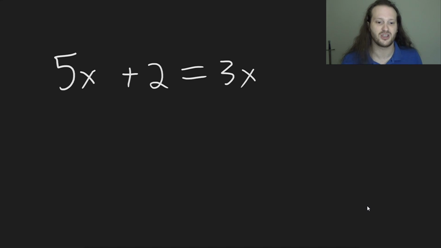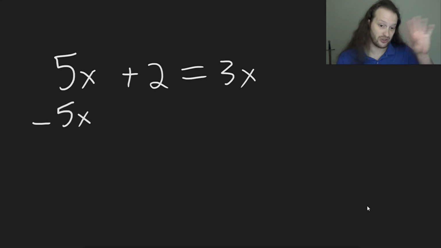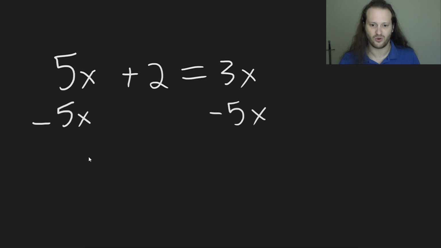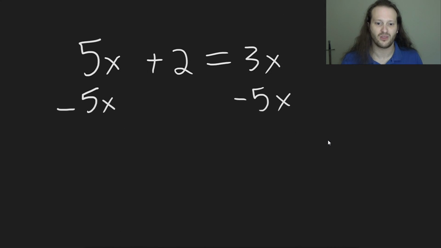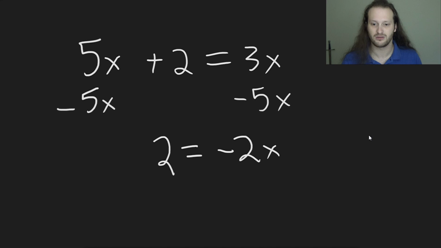That still hasn't changed, but here we have to actually combine variable terms. We have to move 5x. So there's only constants on this side now. We have to do the property of equality properly, which is this. Then we have 2 equals, those cancel, 3x minus 5x is going to be negative 2x.